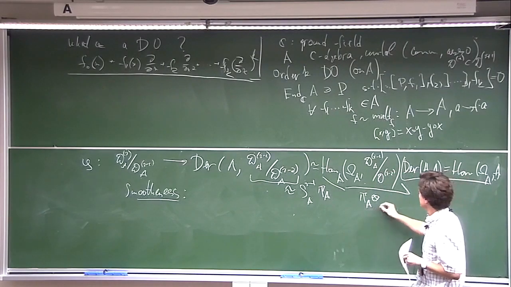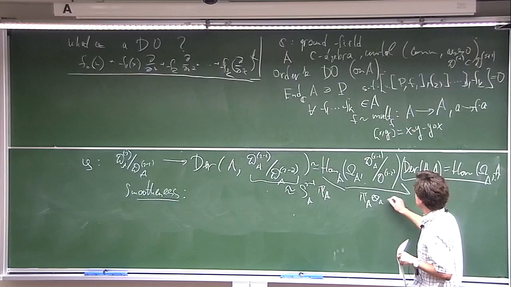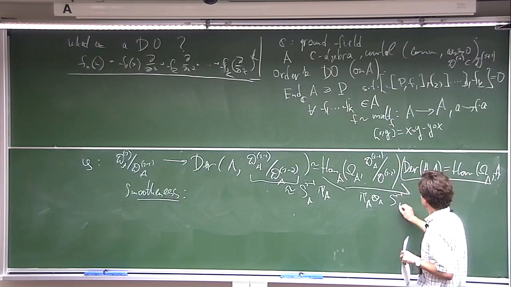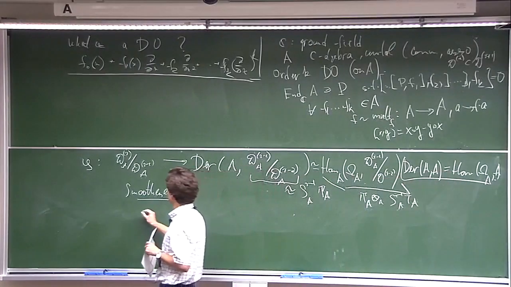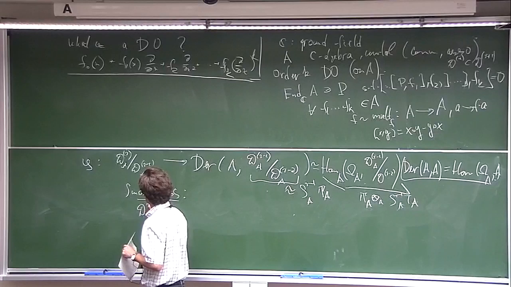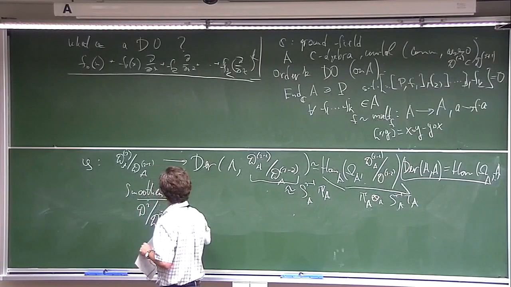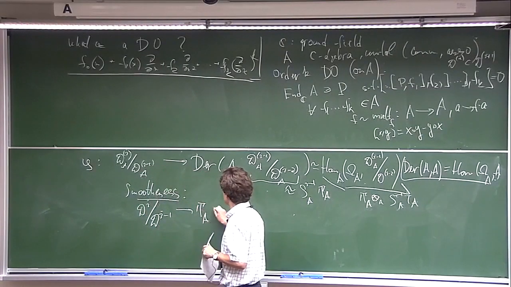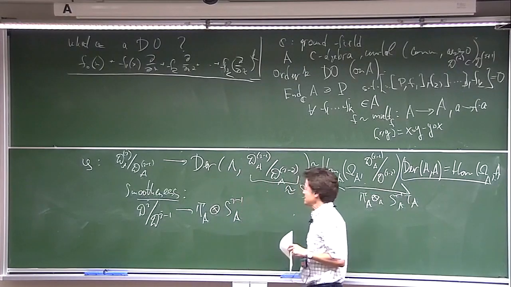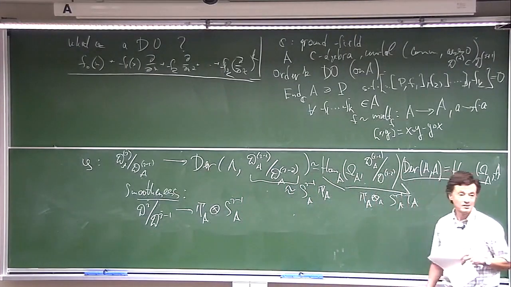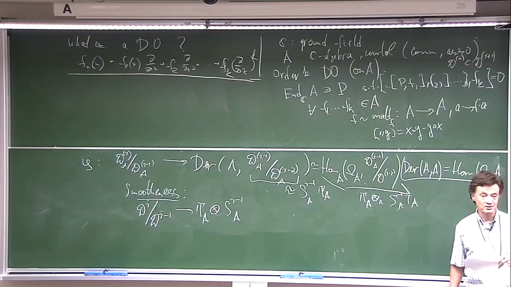So this is the tensor product with TA. And so my map is from S_{i-1} to TA tensor S_{i-1}A. Are we done as far as the induction step goes?